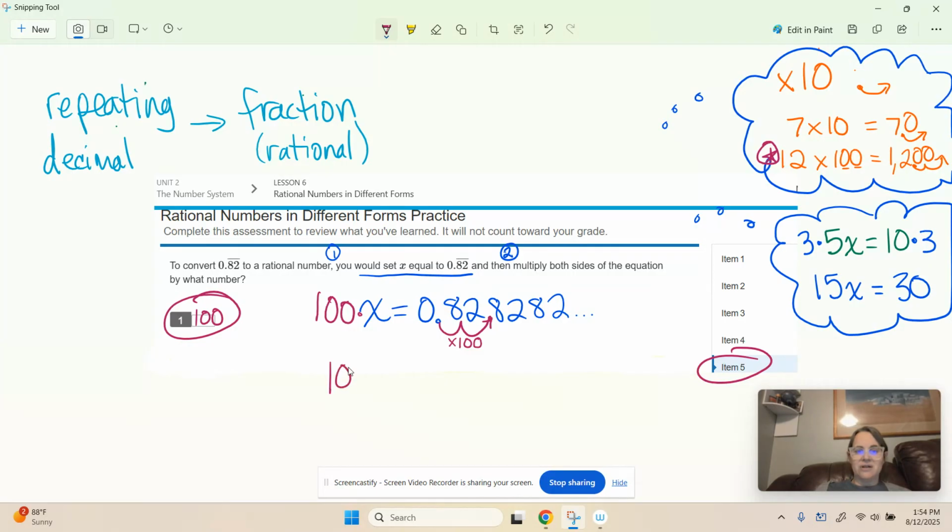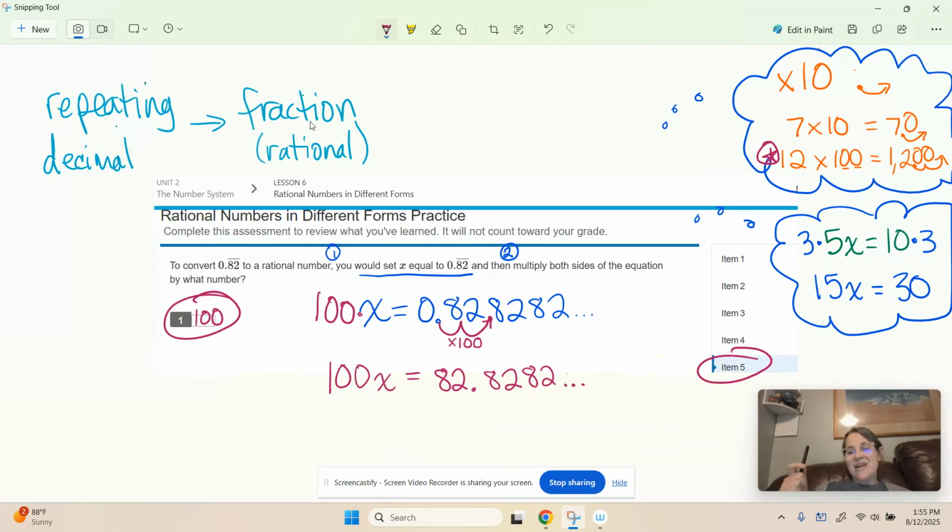So now my equation has become this: 100x equals 82.8282, and so on to infinity.